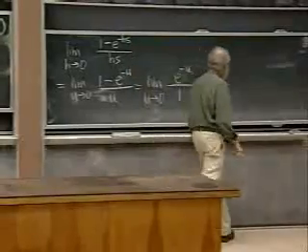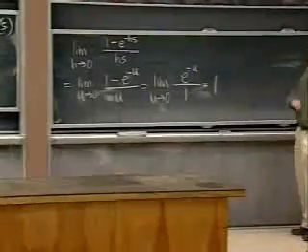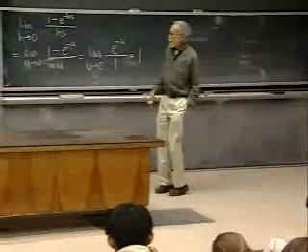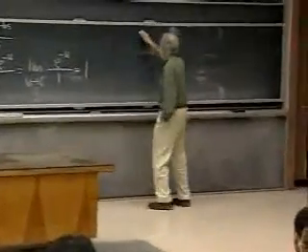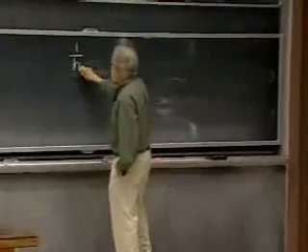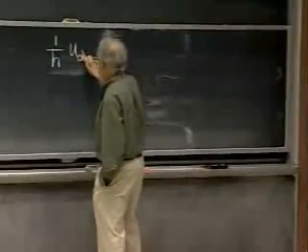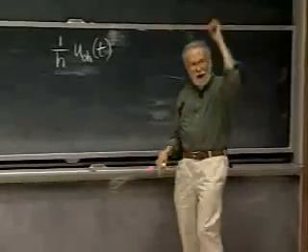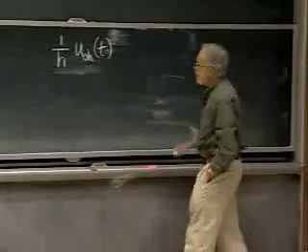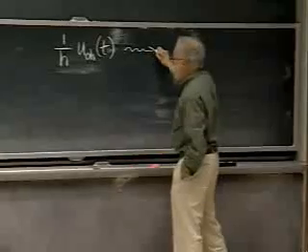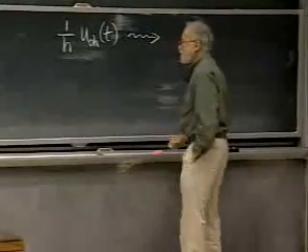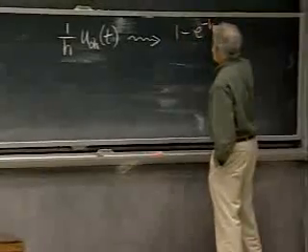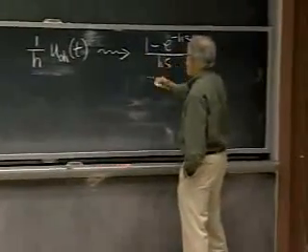Interesting. So let's draw a picture this way. I'll draw it schematically. Up here is the function 1 over h times u sub h of t, our box function, except it has the height 1 over h instead of the height 1. We've just calculated that its Laplace transform is that funny thing, 1 minus e to the minus hs divided by hs.